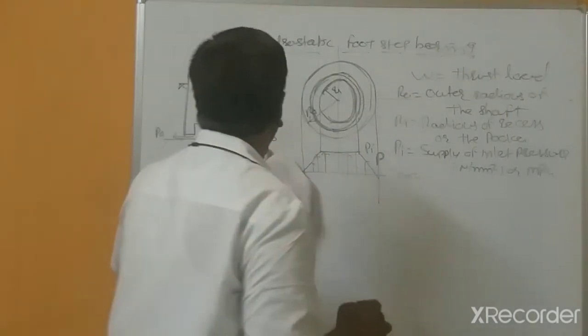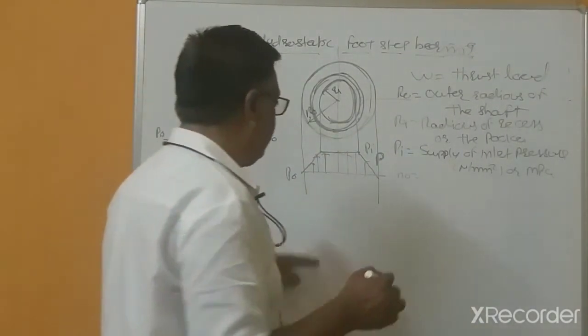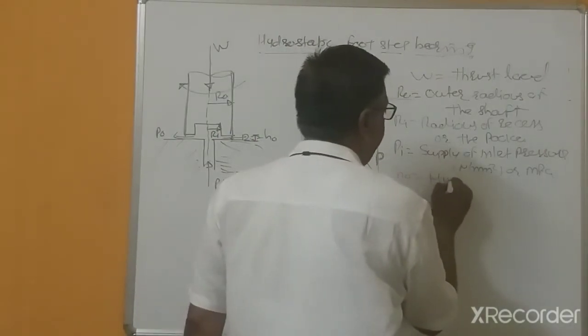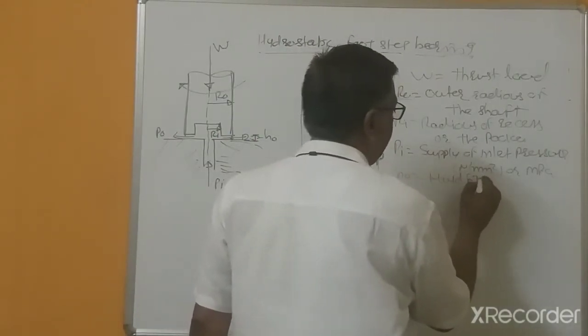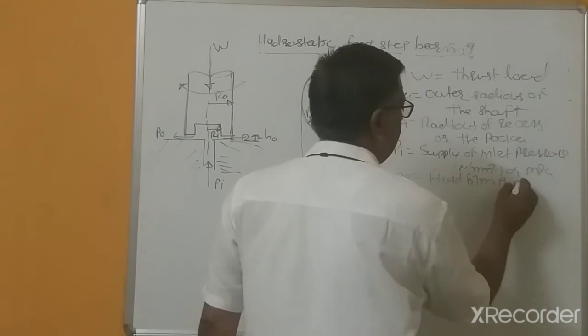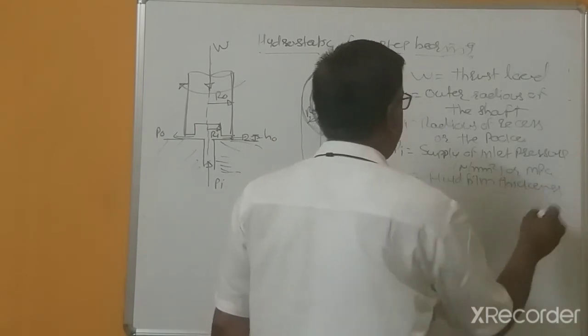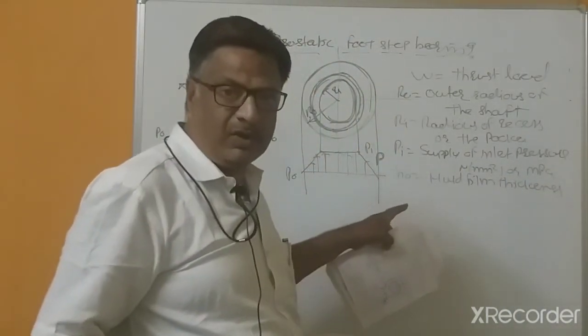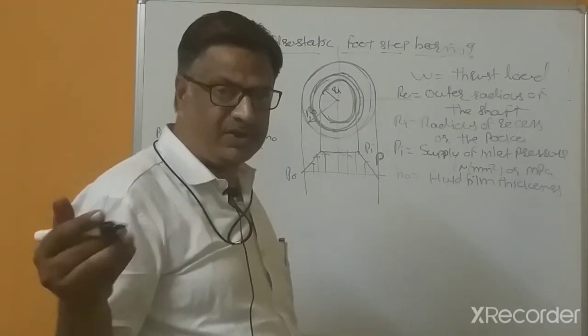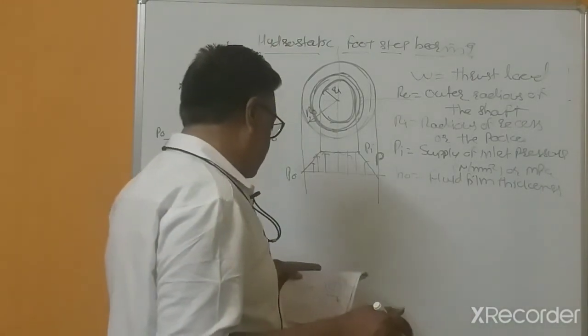This is H0, the fluid film thickness. So by considering this thickness, you can call it a thin lubrication system or a thick lubrication system.